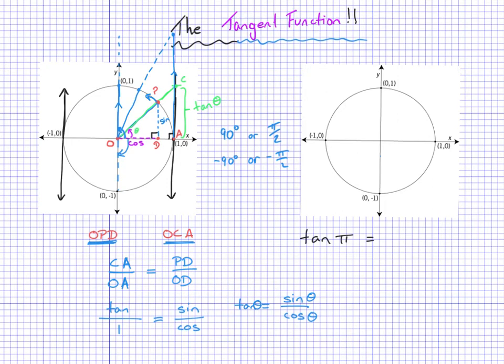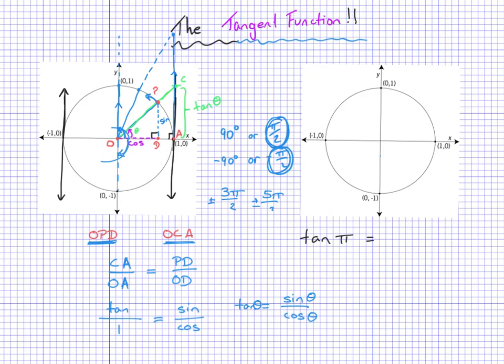So if you're ever asked to find tan of a big angle that goes around the unit circle more than once, you're looking for multiples of pi on 2 or minus pi on 2. So that might be things like 3 pi on 2 plus or minus going forwards or backwards, or it could be 5 pi on 2 plus or minus going forwards or backwards, and so on. Anything that has a multiple of pi on 2 is going to leave tan as undefined.